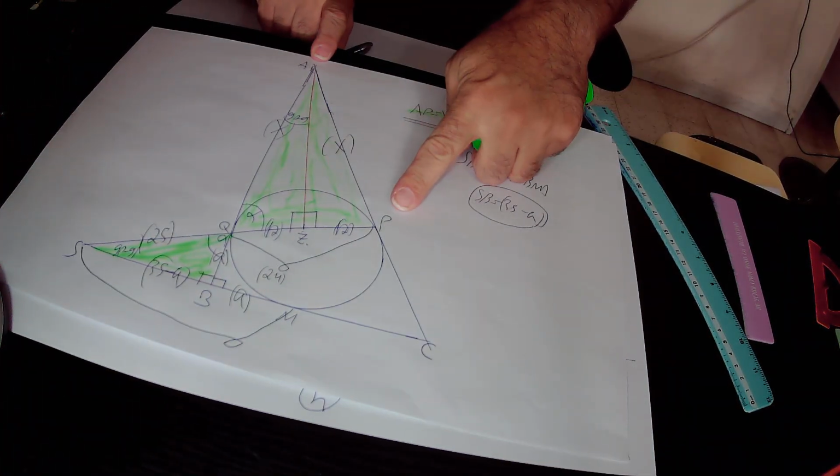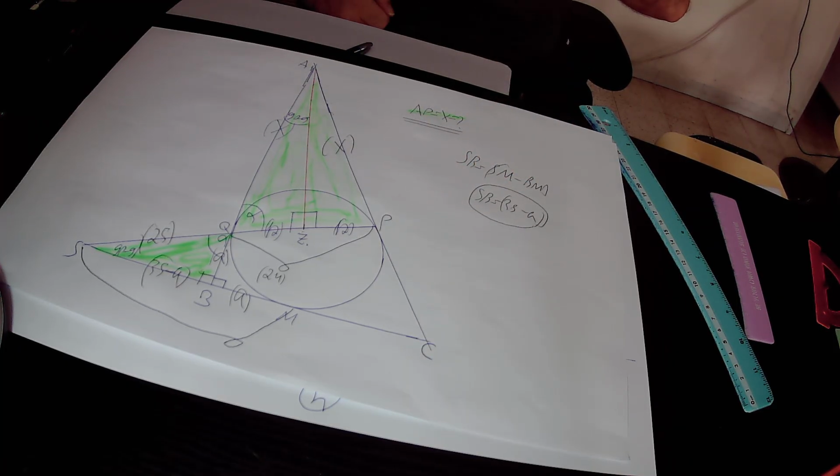This is line segment AP. This equals x, and x equals 20 units in length. That is the answer to the second question.